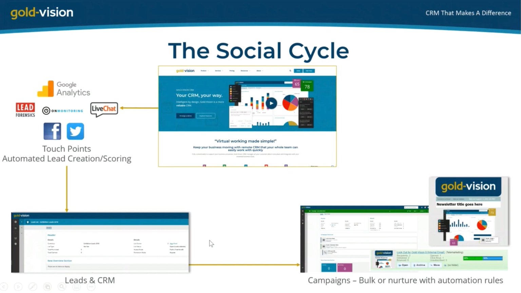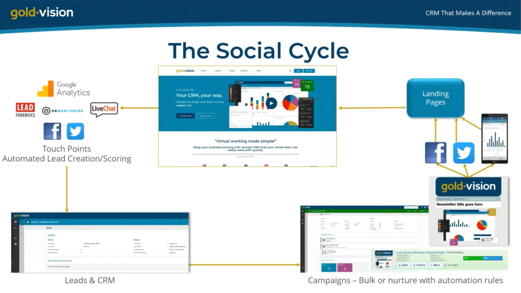You might want to set up an automated nurture campaign, which simply sends marketing to new leads that have been added because a certain score was reached. Use GoldVision to create those campaigns and run on an automated basis, sending marketing, and also then track whether or not from the mail shot that was sent, whether they hit your Facebook page or went on your Twitter website or further landing pages on your website, so that again you're tracking that whole sales life cycle once again.